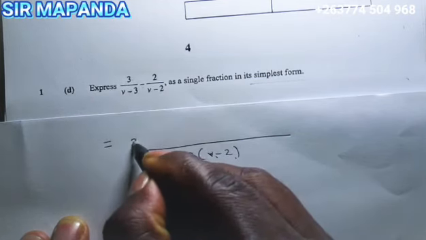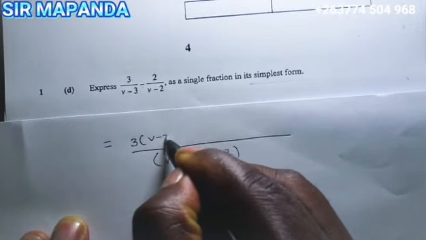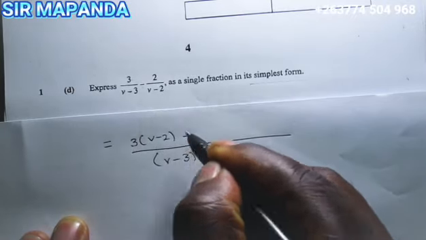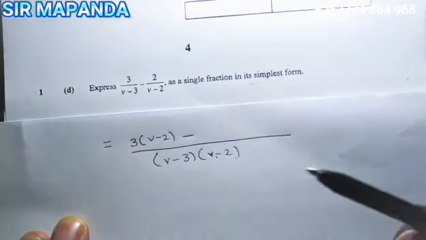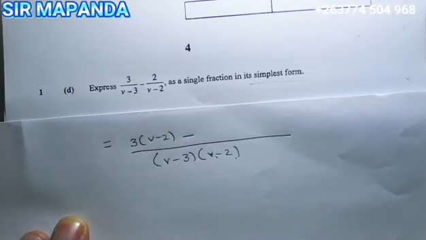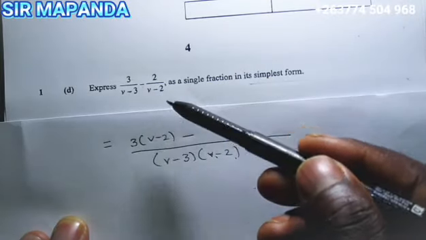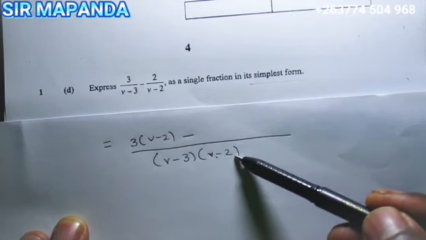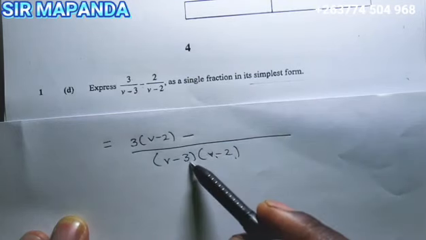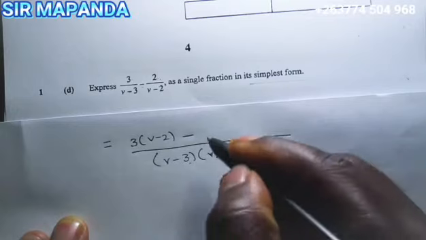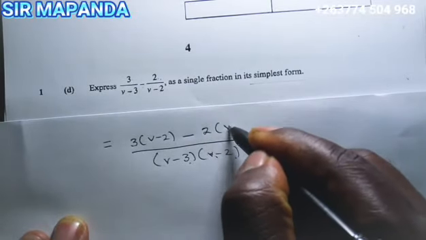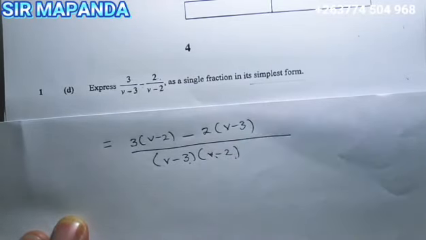So you start by writing 3, then you put v minus 2 in front. Then this negative sign in between the fractions, you put it here, right? v minus 2 and v minus 2 cancel out each other. You'll be left with the v minus 3 to multiply 2 above. So you write 2, then v minus 3 in front.